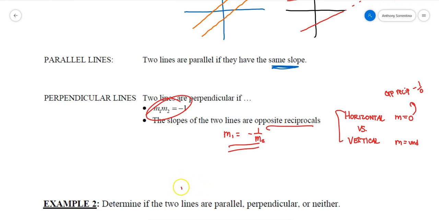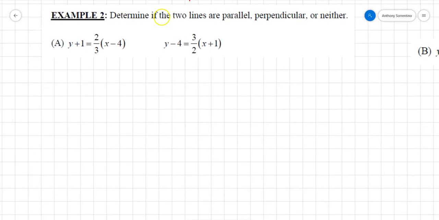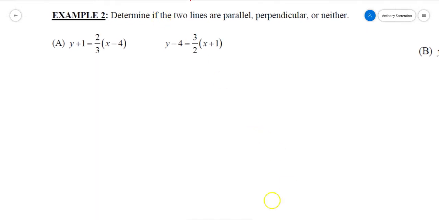In example 2, you're asked to determine if the two lines are parallel, perpendicular, or neither. Anytime you're asked that question, you're going to need to know what the slopes are. Here, the slope is 2/3. Here, the slope is 3/2.